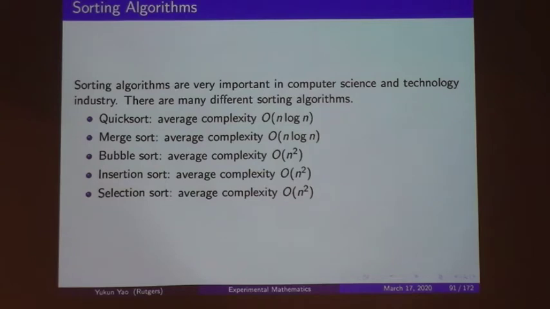Then when the length is 2, it is easy to sort them, and then we combine the sorted lists into the main list. During the combination process, we do the sorting. We also have bubble sort, insertion sort, and selection sort. Their complexity is big O of n squared, so they are not very efficient when n is very large.